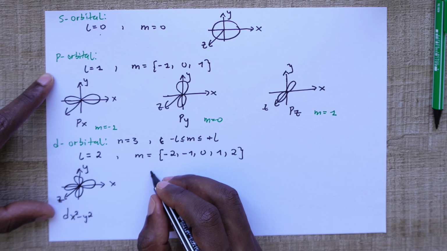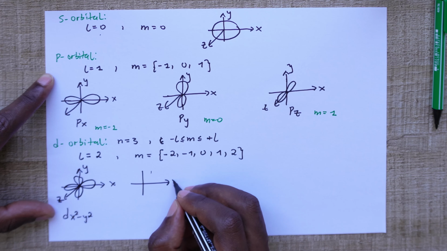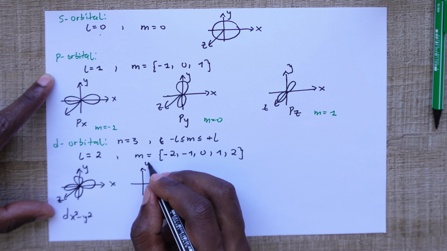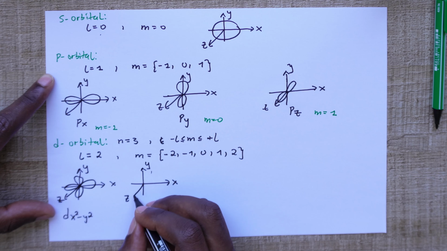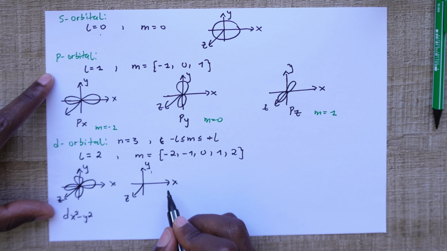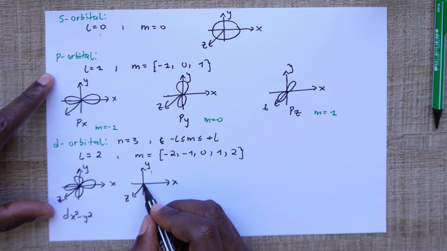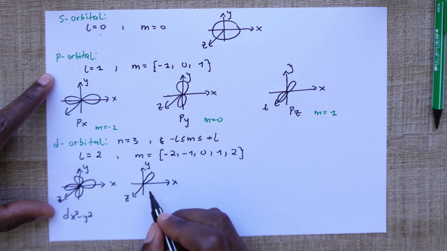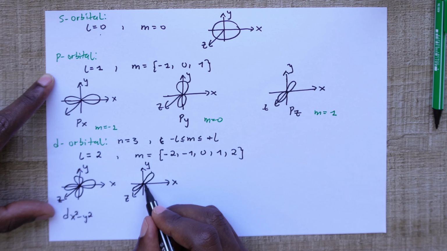Then we can have other possibilities. We can have the leaves which are between the x and y axis. So they are not along the axis, this time they are between the axis, so like that.